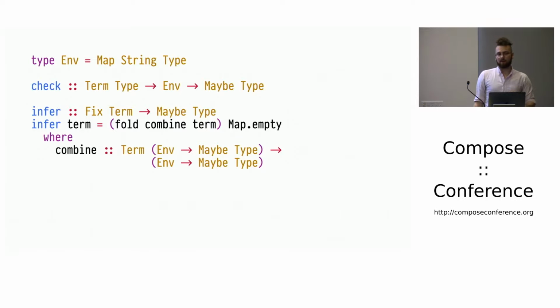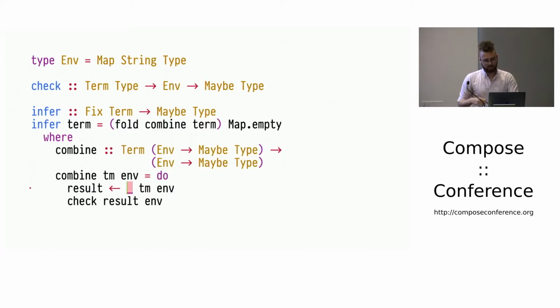So I start at the bottom and I fold terms containing functions from environments to maybe types, to build bigger and bigger functions from environments to maybe types. And as I glue those functions together, I want to eventually find a function that's going to thread through the environment from the top all the way down to the bottom after having folded the syntax of the term to build the function in the first place.